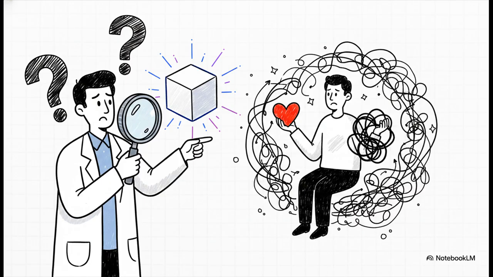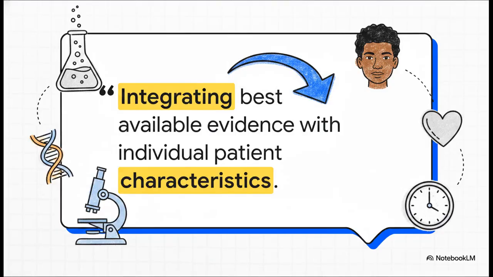A trial's internal scientific purity should never be so artificial that it renders its findings completely useless for your actual patient population. And this really brings us to the ultimate, true goal of evidence-based medicine: integrating the best available evidence with individual patient characteristics. It's just a constant, ongoing balancing act between the pristine purity of the laboratory and the wonderfully messy reality of individual human lives.